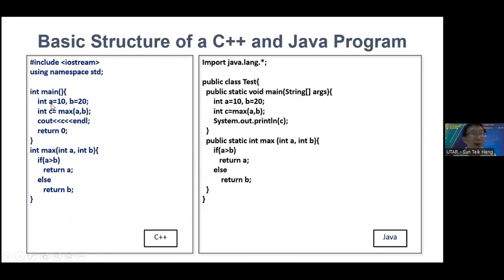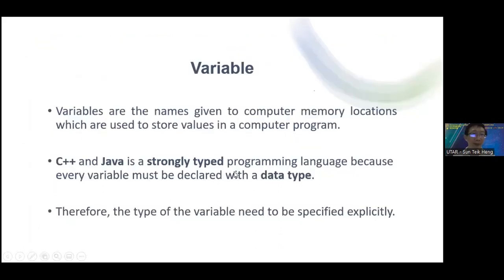Like for example, when I declare the variable A, the value that I can assign to the variable A must be an integer value because the data type is int. Int is integer. Okay, so that is the data type. So C++ and Java are strongly typed languages, meaning that you must declare the data type of the variable when you declare them.